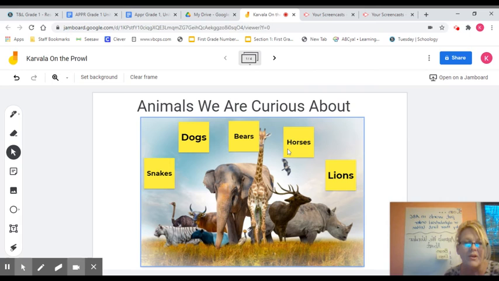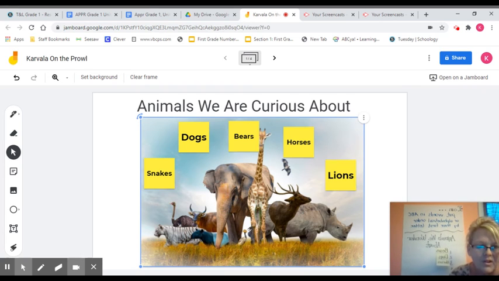No. How about H? H. Horses. Oh my goodness. So horses goes next because it starts with an H. So I'm putting my horses next. Again, we're going in ABC order, just like on your word wall in the classroom. So we have bears, dogs, because that's D, and then horses, because horses starts with H.